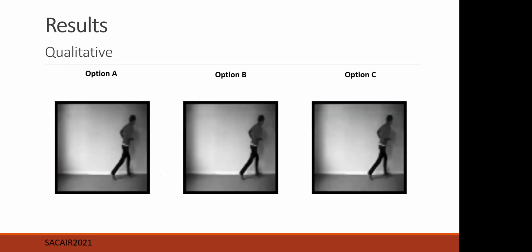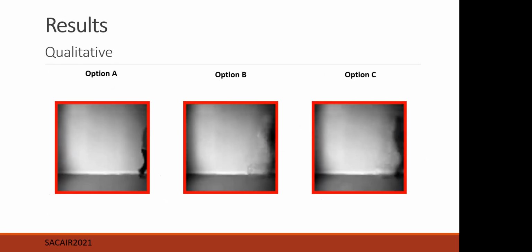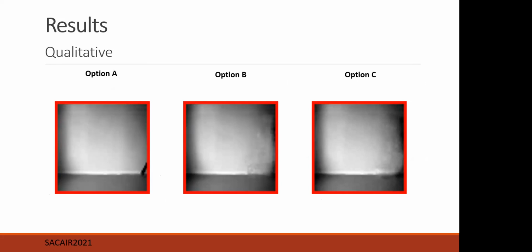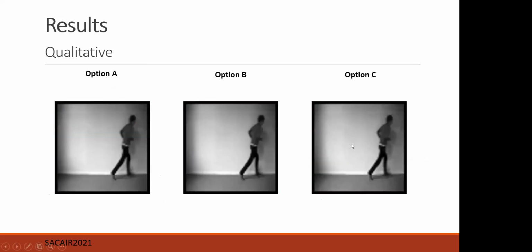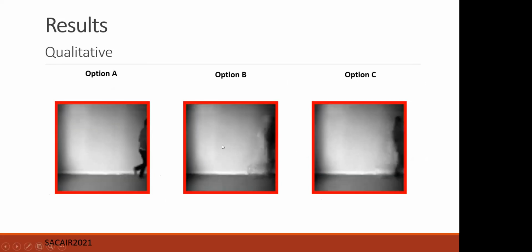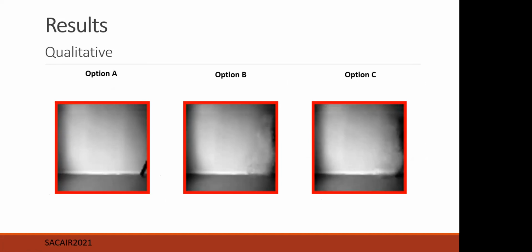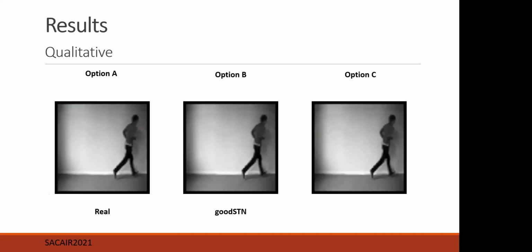Now, qualitatively, we do a visual side-by-side comparison. In this case, it is sort of like the two alternative forced choice test. There are three options presented, and you can make a choice on which one you prefer. So I will just reveal which one is which. Option A is the real sequence. Option B is the sequence generated by the convolutional LSTM good STN.